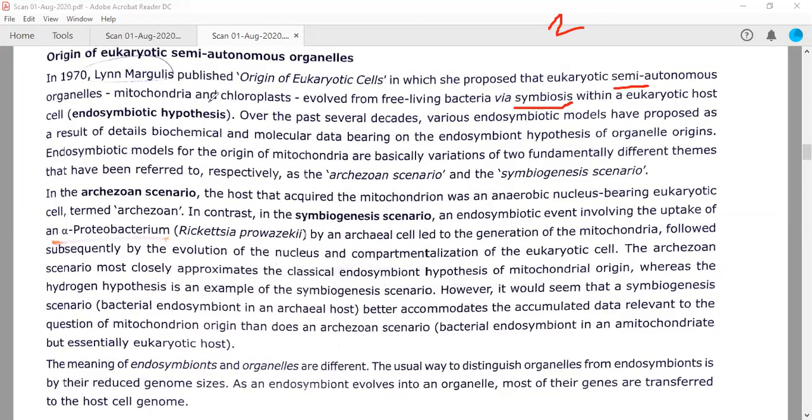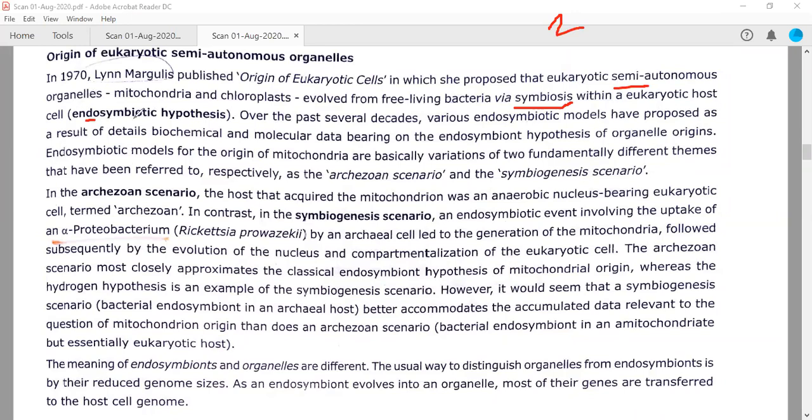So mitochondria and chloroplast evolved from free living bacteria, either from the proteobacteria or cyanobacteria, within eukaryotic host cells. This is called the endosymbiotic hypothesis. Endosymbiotic in the sense that these bacteria started living inside the eukaryotic cells.